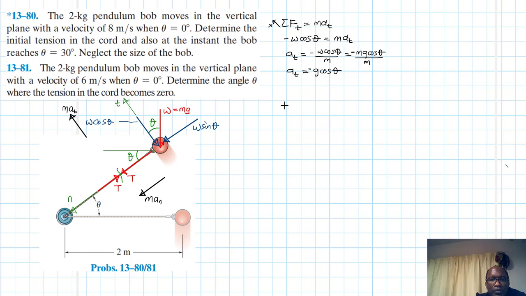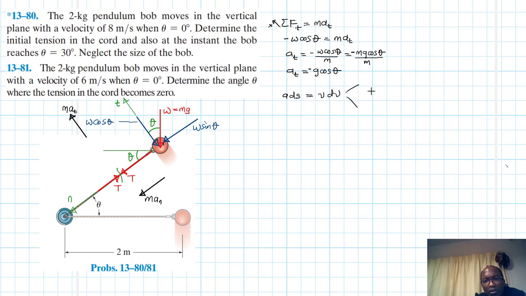Alright, so then we want to find the tension, but we will need to find the acceleration, right? Which will be the function of theta that we are going to use later on in the equation. So we are going to use this equation a ds equal to v dv.